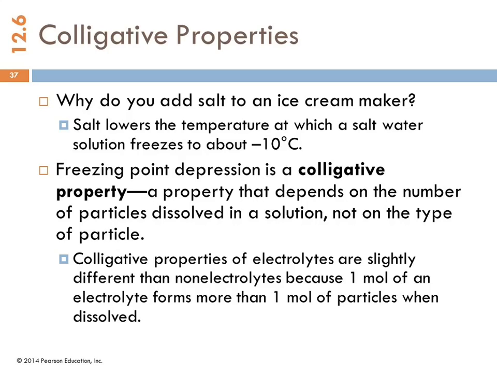That's why we call them electrolytes. So the colligative properties of electrolytes are going to be a little different because 1 mole of an electrolyte will form more than 1 mole of particles when dissolved. So sodium chloride, if you dissolve 1 mole, you're going to get 2 moles of particles. 1 mole of sodium and 1 mole of chloride ions.